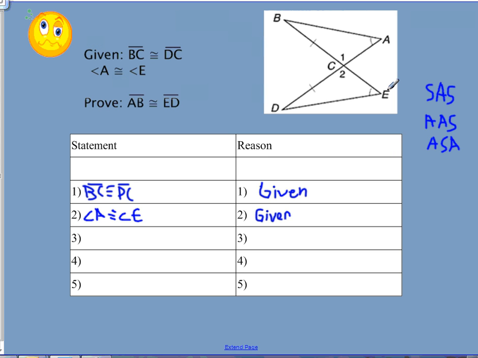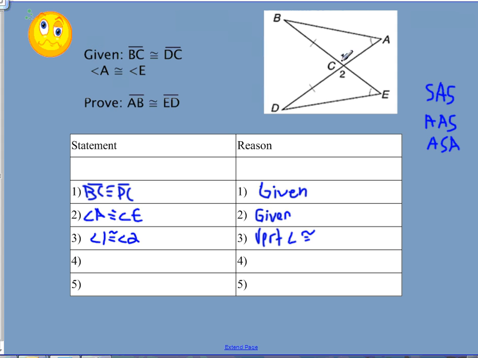Well, we know that they are congruent. So just to save time, I'm going to say angle 1 is congruent to angle 2. And my reason for that is that vertical angles are congruent.